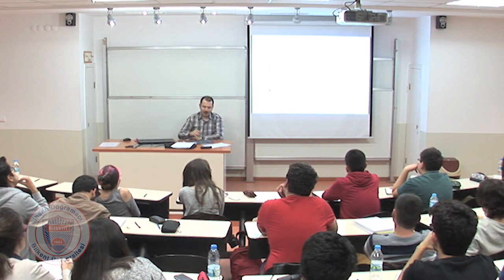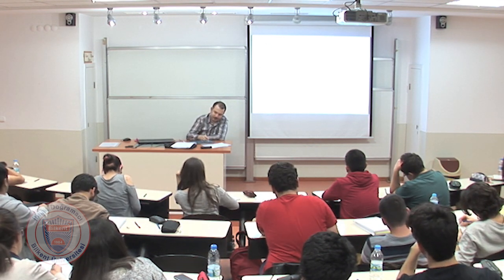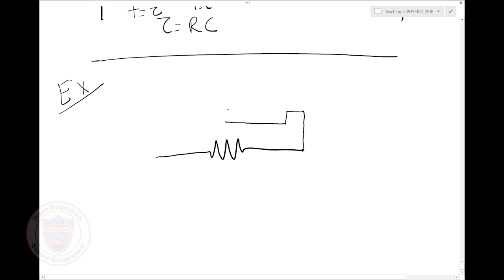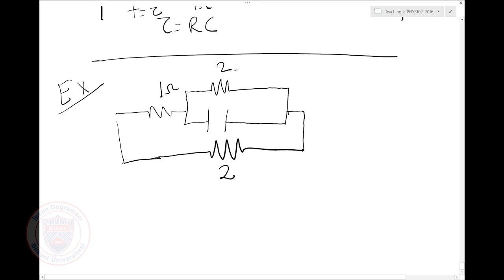Good. Let's solve one more example. Two ohms, 1 ohm, and the capacitor is 1 farad.